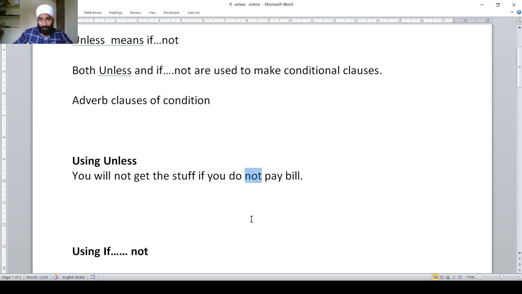But if you want to use unless in such a sentence, you have to remove this if and not and just use unless. Unless you pay the bill. You will not get the stuff unless you pay the bill. And this sentence is exactly similar to the previous sentence.